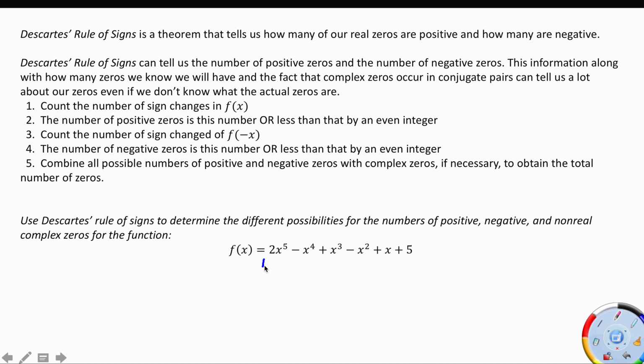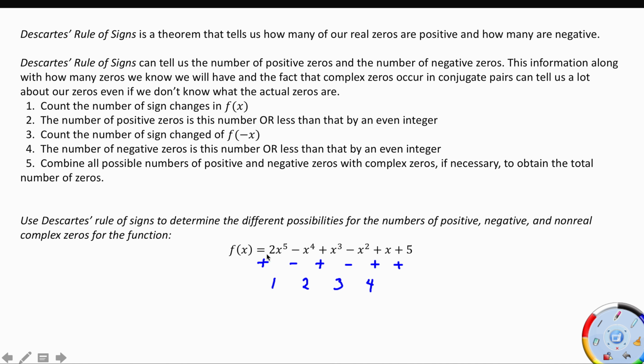Okay, so in other words, this coefficient is positive, this one's negative, this one's positive, this one's negative, this one's positive, and this one's positive. So it changed signs from positive to negative one time, from negative to positive, that's the second time, from positive to negative, it changes again, but this last time it does not change signs.